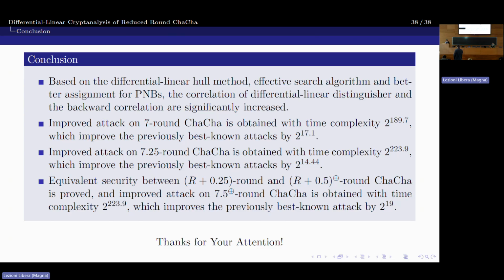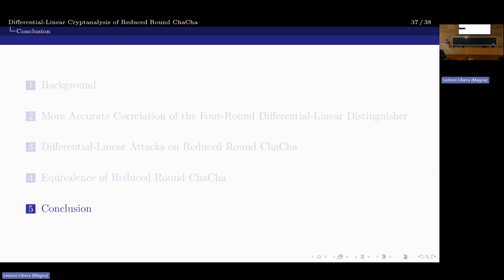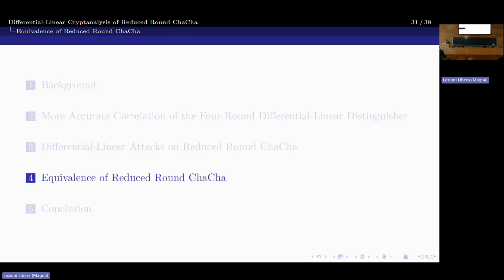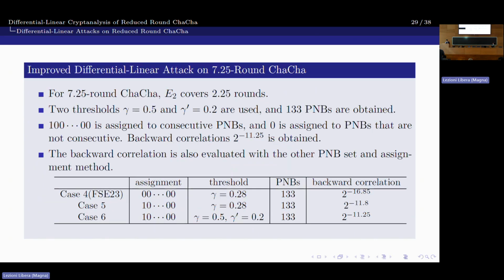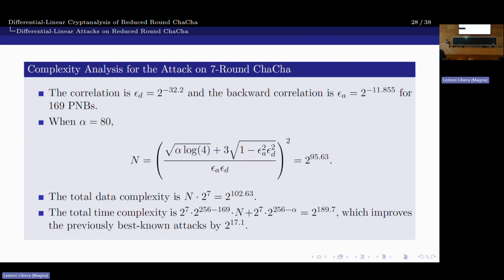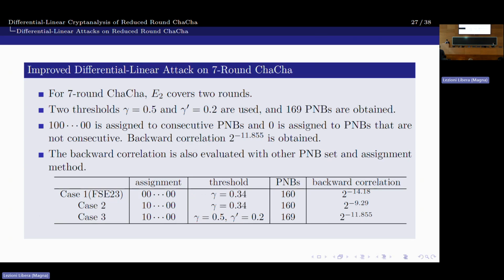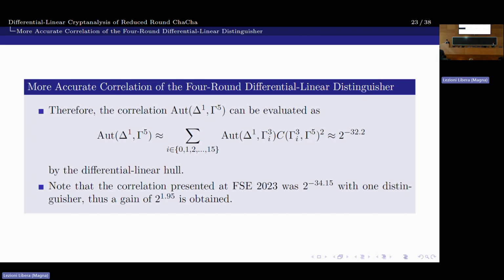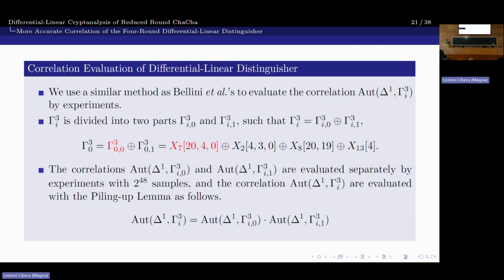Yes, we compute the correlation of the backward correlation by experiments and use a similar method as before.